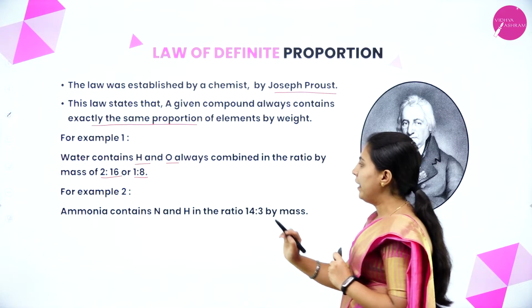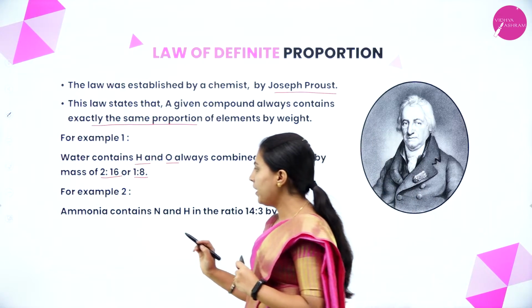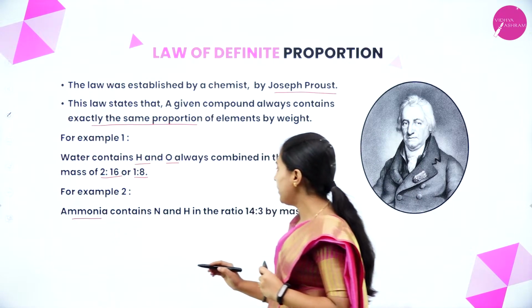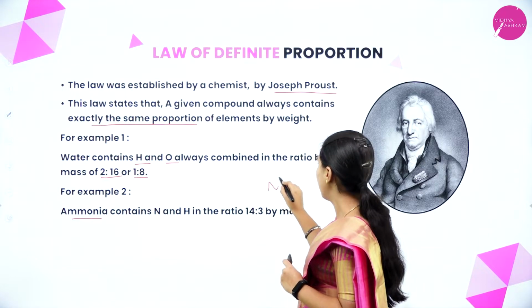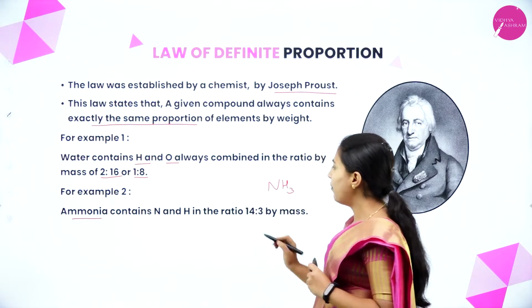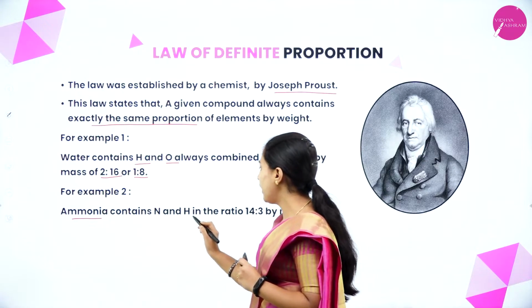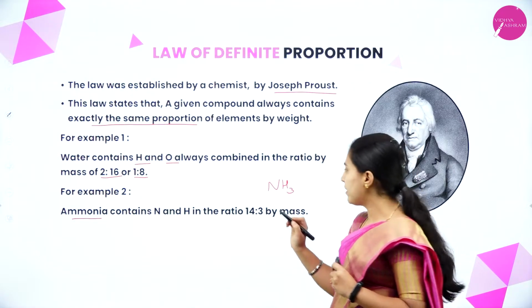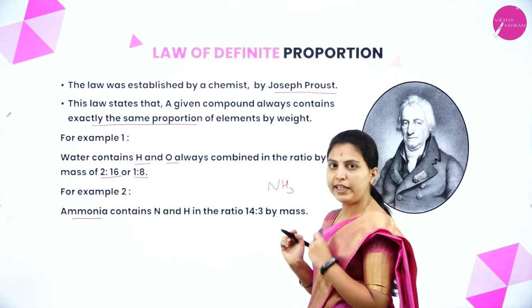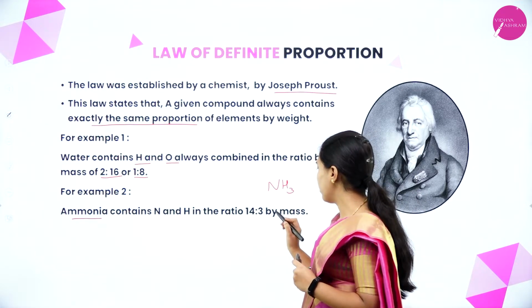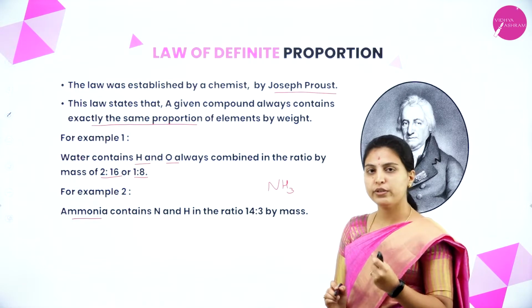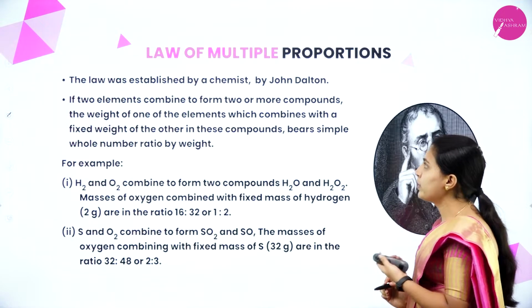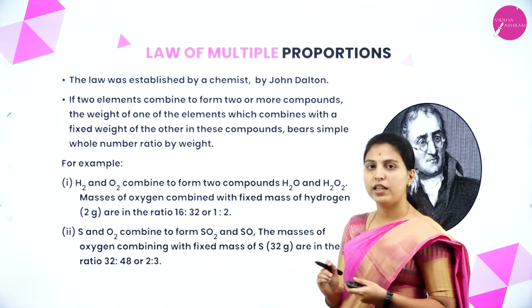Another example, ammonia, NH3. Ammonia contains nitrogen and hydrogen in the ratio 14:3. 14 is the mass of nitrogen, 3 is hydrogen. 14:3 ratio.